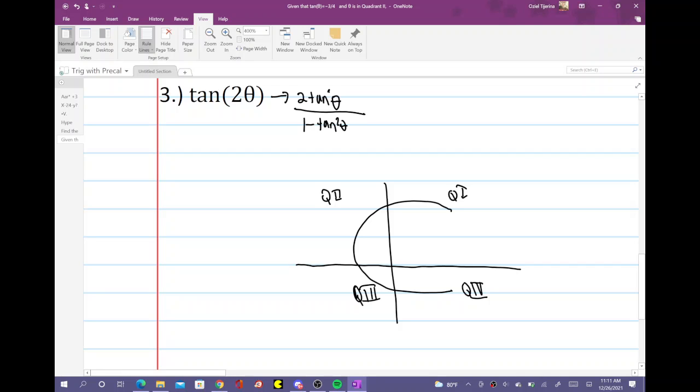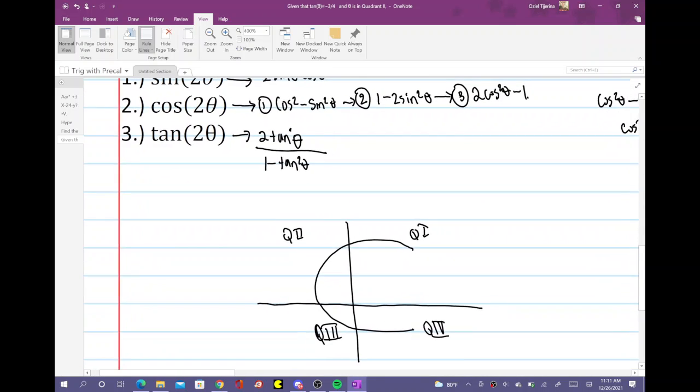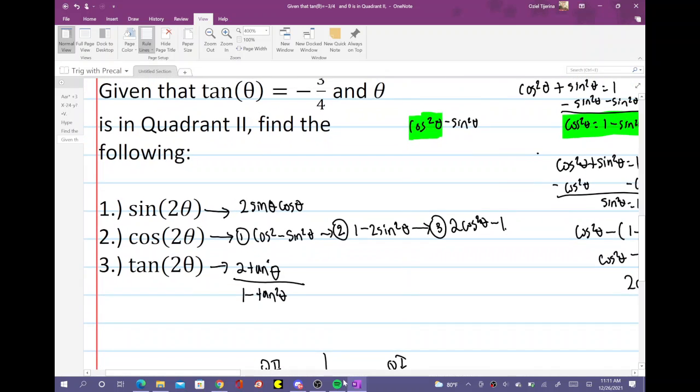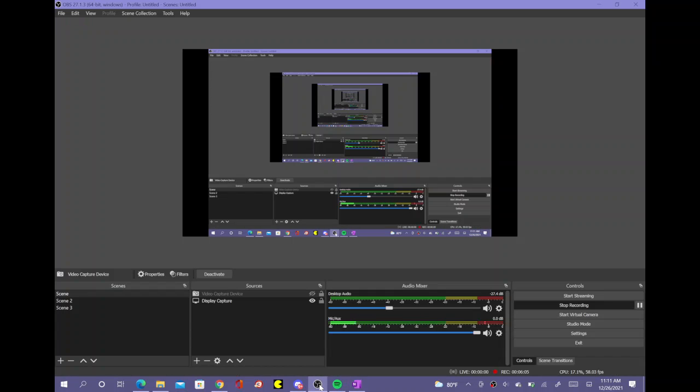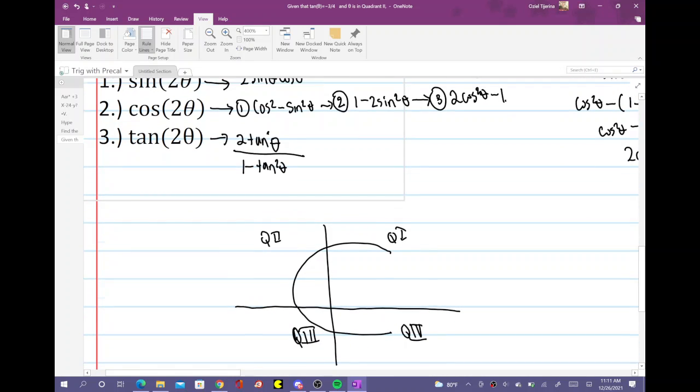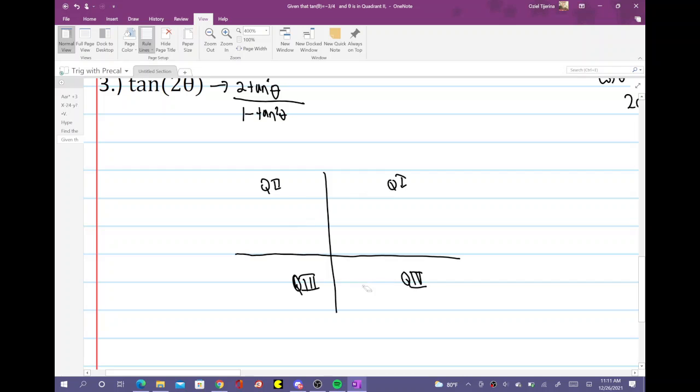Sorry guys, give me a second. Then, to find sine theta from tan theta, the angle is going to be right here.